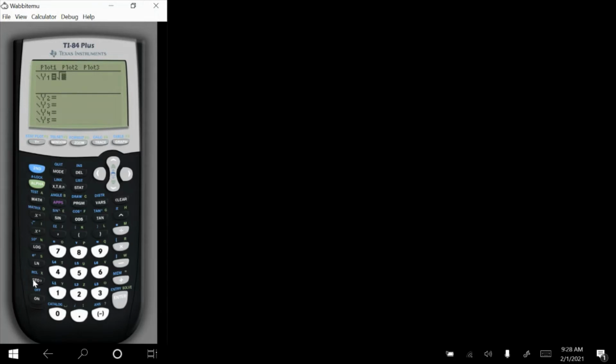Either way, type in 14x minus 21 and either close off the parentheses or hit the right arrow key. Minus 2, big minus sign. Jump down to y2, type in x, and we'll do zoom, option 6.